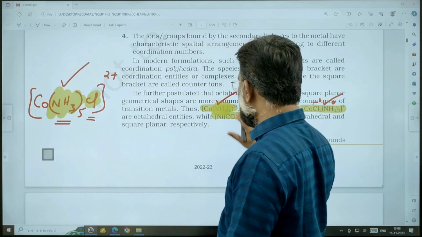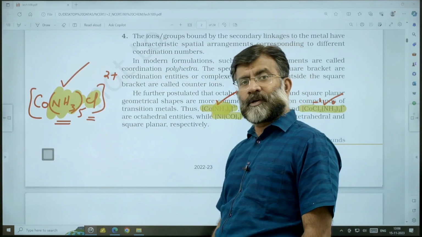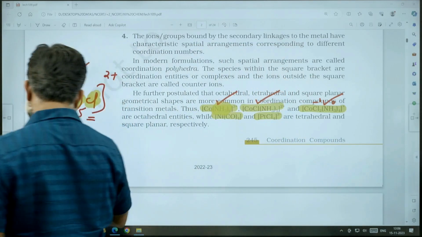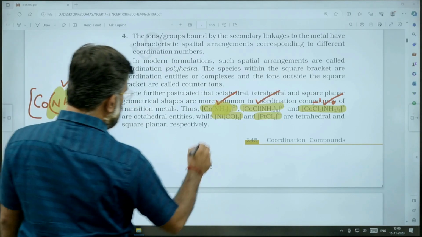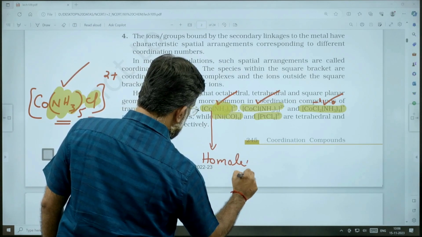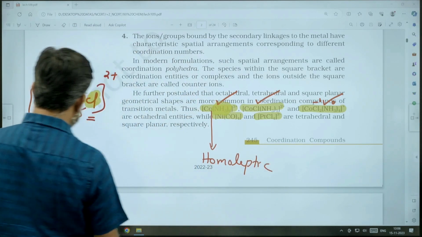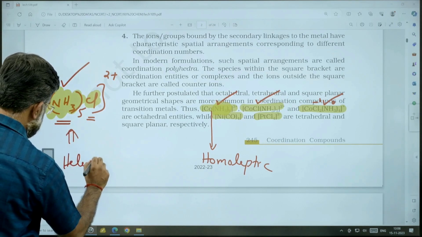This is called a homoleptic complex and this is called a heteroleptic complex.